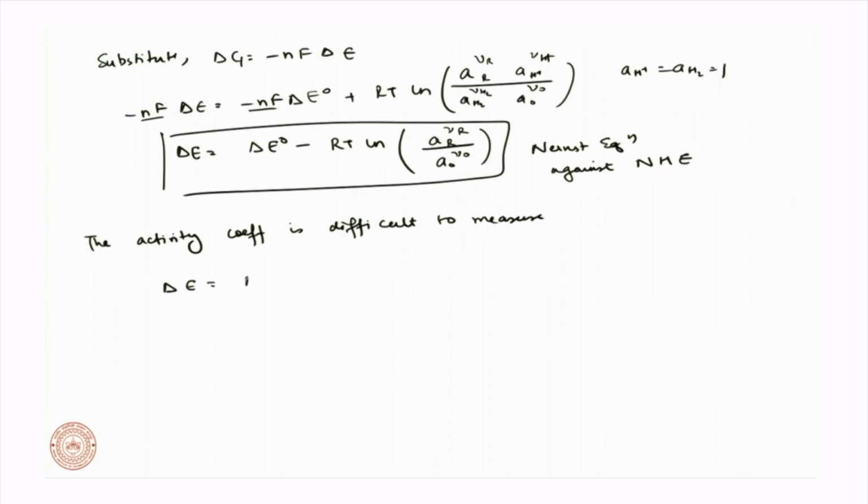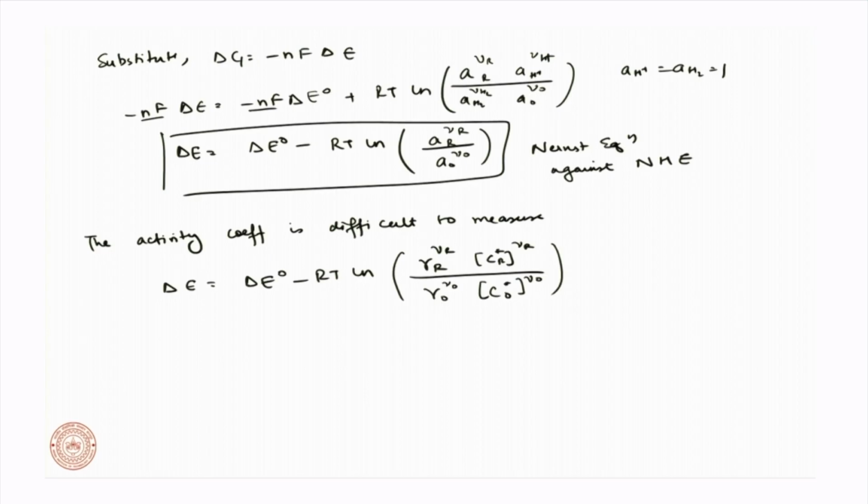So, delta E is equal to delta E naught minus RT natural log of gamma_R to the power of nu_R, concentration of R to the power of nu_R, divided by gamma_O to the power of nu_O, concentration ratio. So, you can put a C star or normalized concentration of O to the nu_O. Okay. We can separate this into two terms, one with respect to gamma and one with respect to concentration.